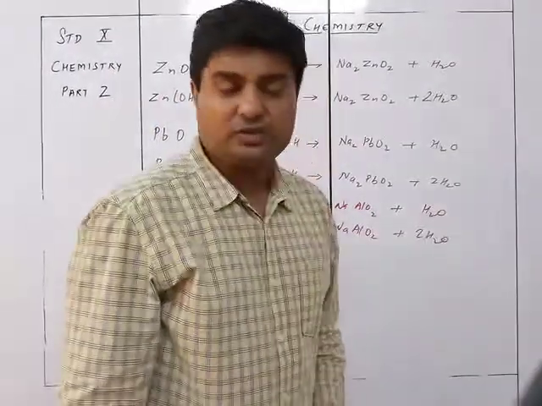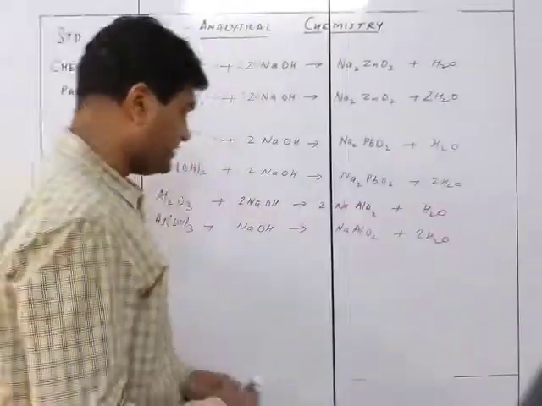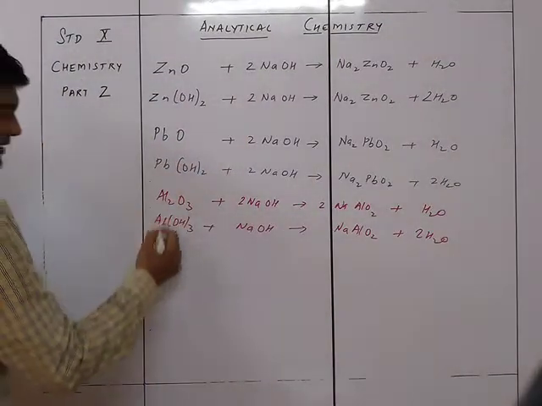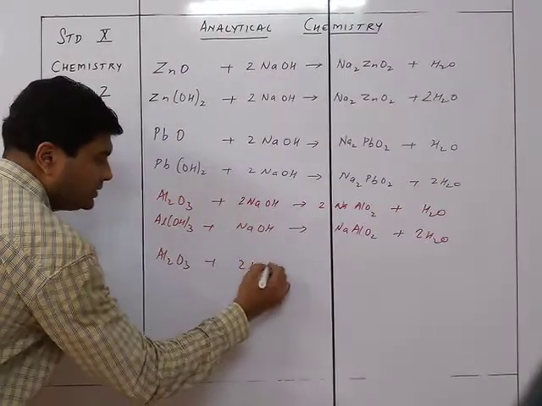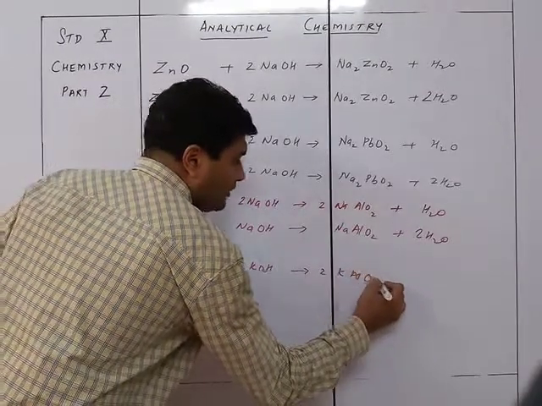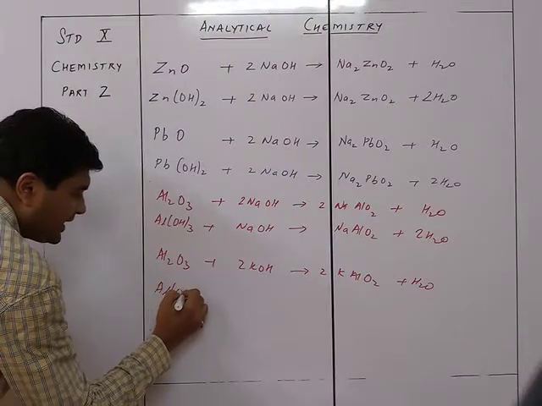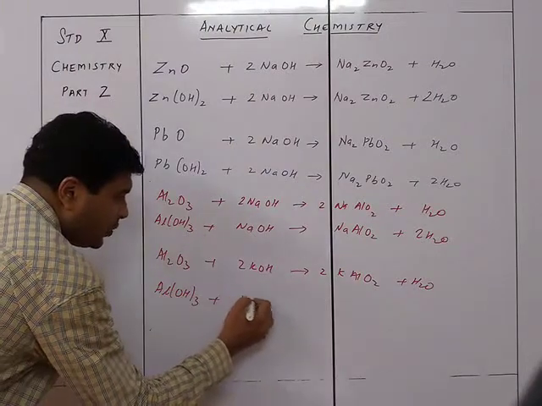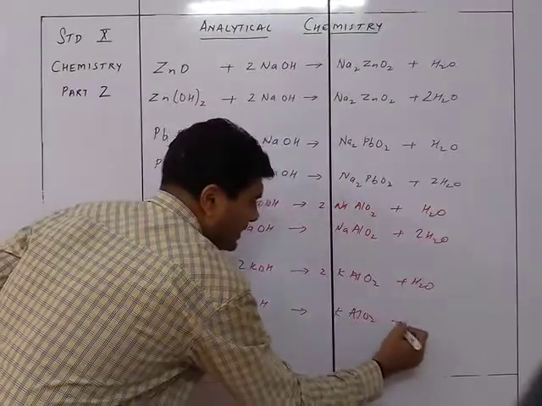So this is the property of amphoteric substances. And this is true not only for NaOH. Even if I have KOH, it is going to give me the same reaction. Hence, I can write these two reactions with KOH also. That is Al2O3 plus 2KOH gives 2KAlO2 plus H2O, and Al(OH)3 plus KOH gives KAlO2 plus 2H2O.